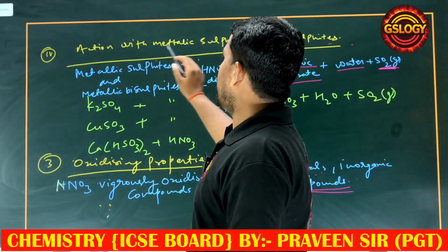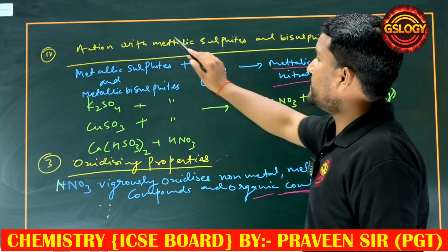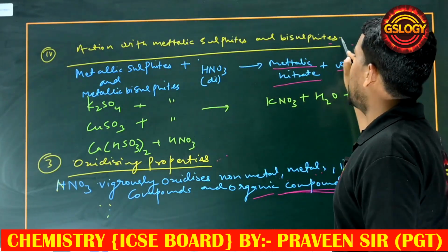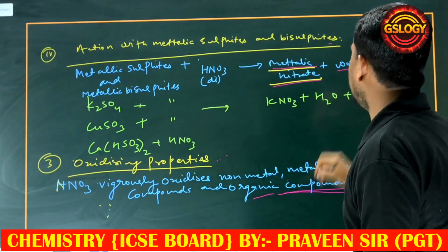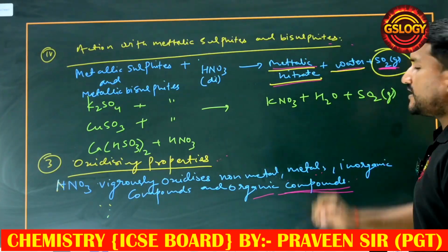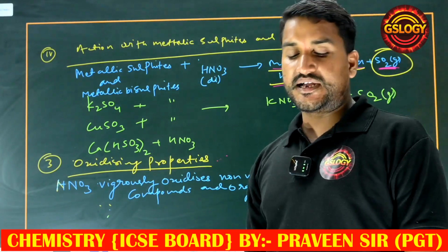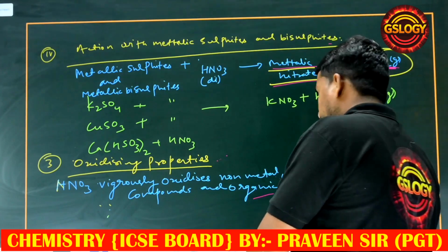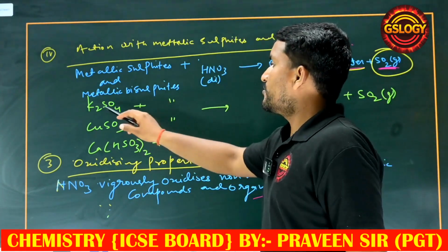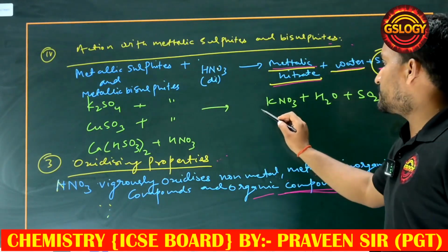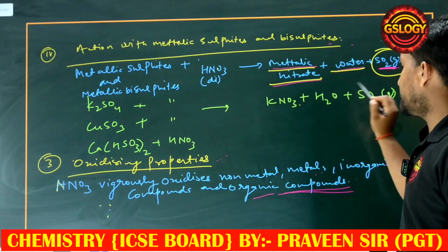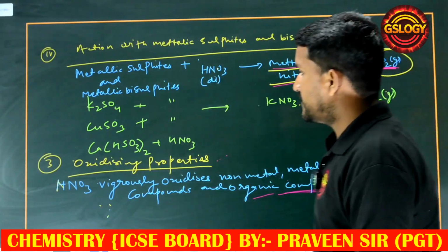Next, reaction with metallic sulfides and bisulfides. Then it will form metallic nitrate, water, and sulfur dioxide gas. Which gas? Sulfur dioxide gas. So K2SO3 reacts with dilute nitric acid, then it will form potassium nitrate, water, and sulfur dioxide.